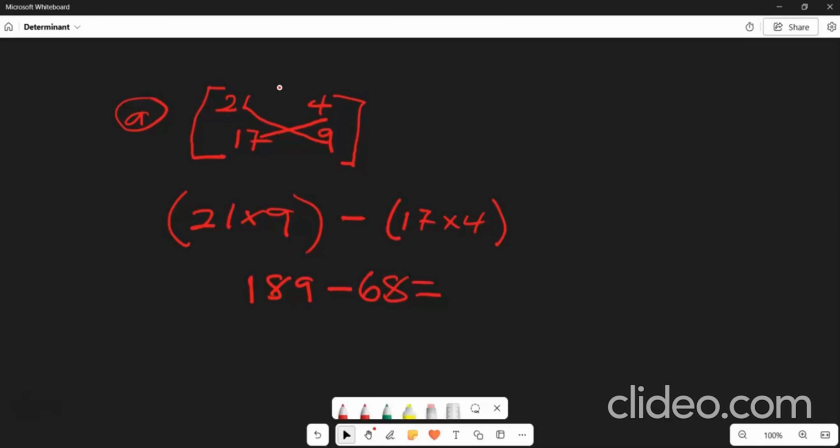Then we find their difference, which gives us 121.